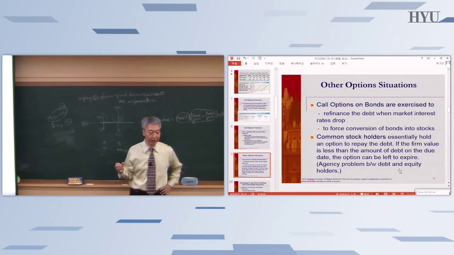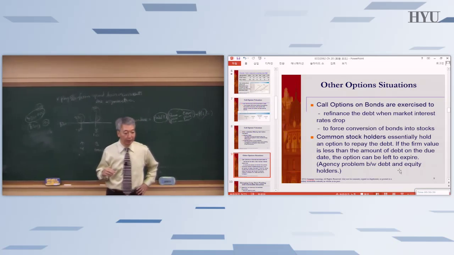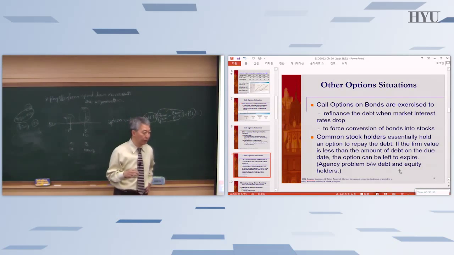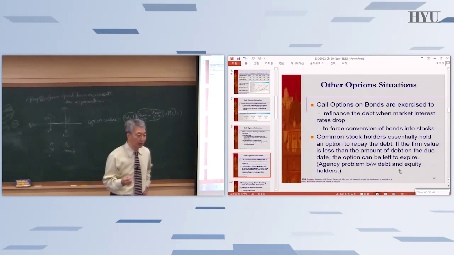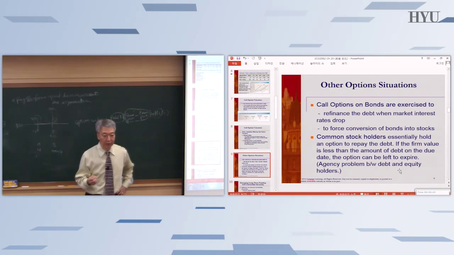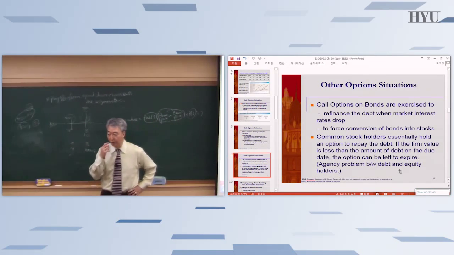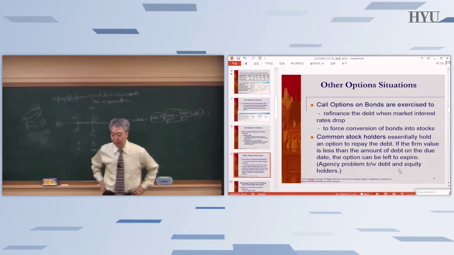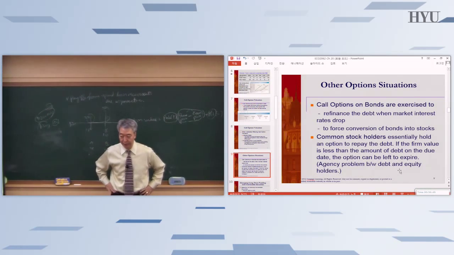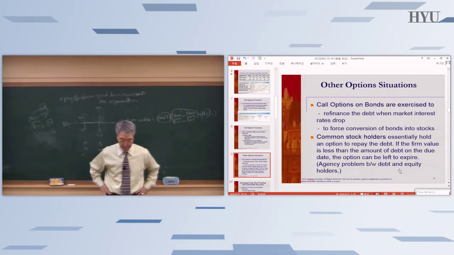Before they do that, they have to issue the new bond at a 2% annual rate and use the money they borrowed to redeem the old bond. So it's called refinancing the bond.